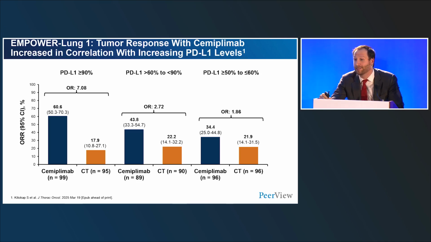There are some analyses to say that as you go higher and higher in expression, you're even more likely to benefit from PD-L1 blockade. They did this analysis in the EMPOWER-Lung 1 study, and we've seen it in multiple other analyses now, that as you get to a higher PD-L1 expression, somewhere on the order of 90%, you can see response rates greater than 60% for single agent PD-L1 blockade.